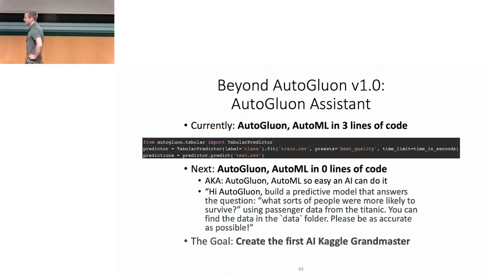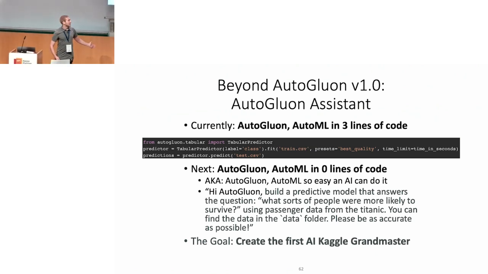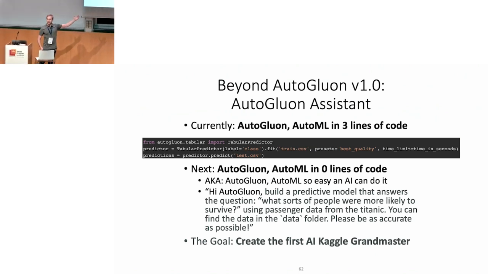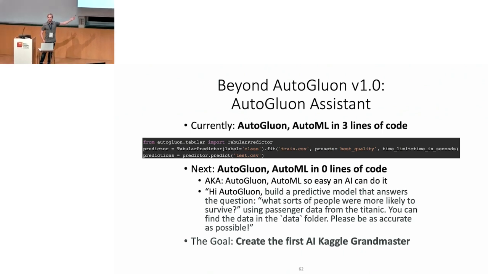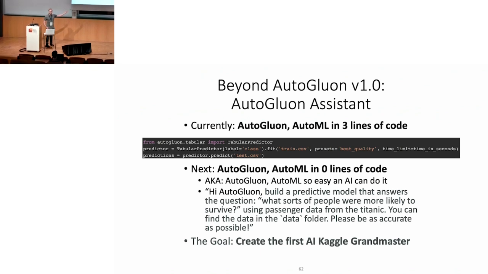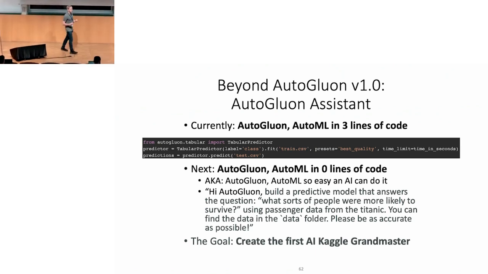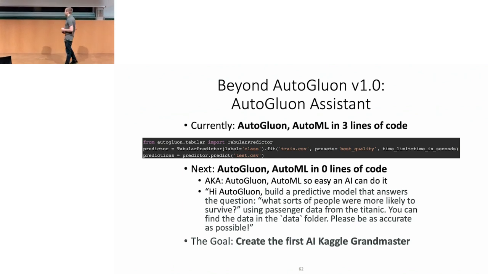Something that can look at a new Kaggle competition, the raw text provided by the business that basically is looking to get a good solution, and AutoGluon Assistant writes the code autonomously, loads the data autonomously, preprocesses it, trains models, returns a prediction, and submits, and is able to compete with very proficient data scientists.